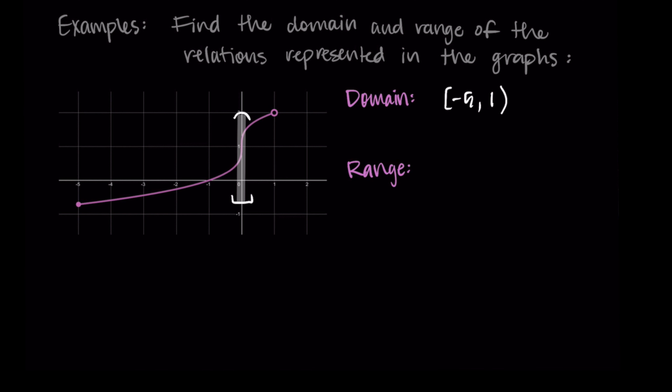So as an interval, we would write this as -0.75 to 2, and I would use the bracket on the -0.75 since that location actually does have a point on the graph. But I would use a parenthesis for 2 because when we get up to 2, we have that hole in the graph. So we're including everything just up until that value. And there we go. That's our domain and our range.